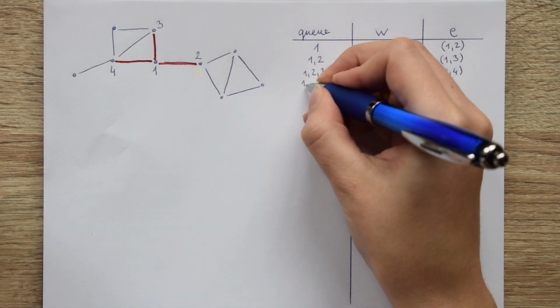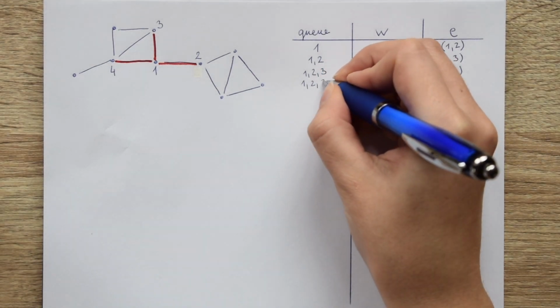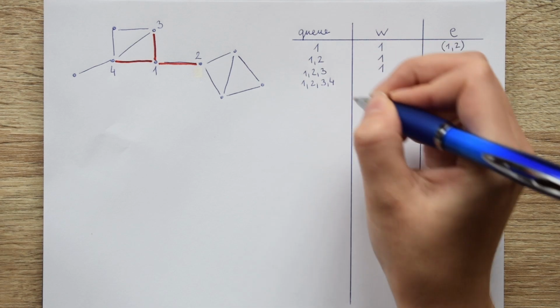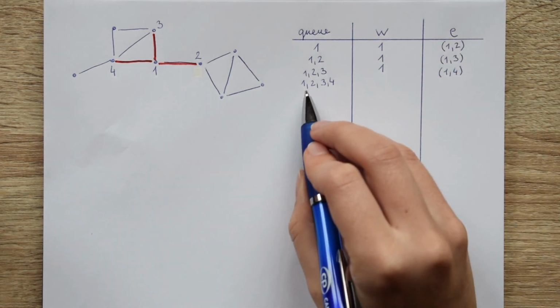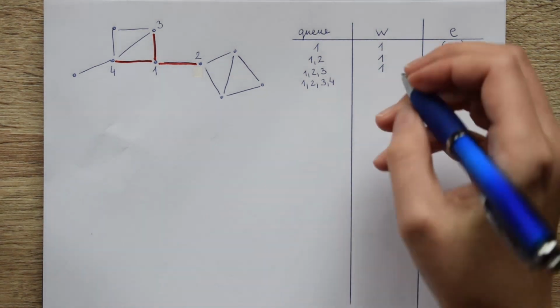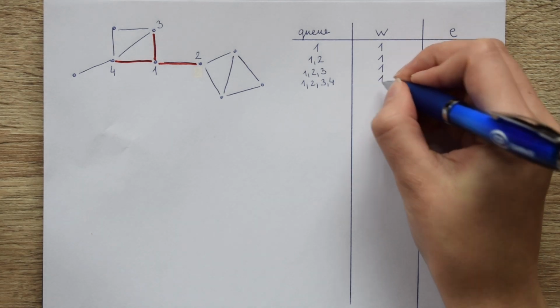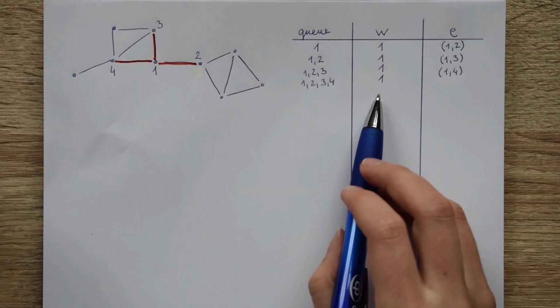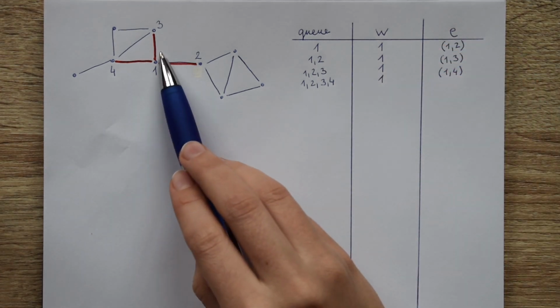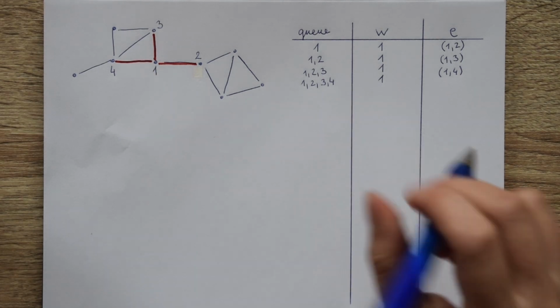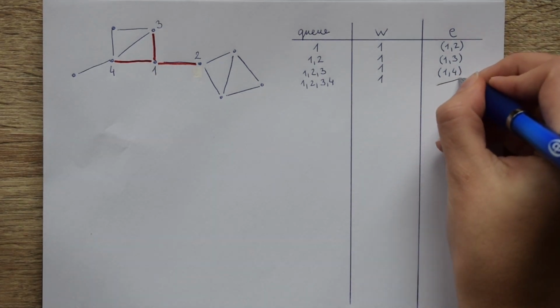I add node 4 in queue. And I'm still discussing node 1, but there isn't any unmarked edge and node I can get to in one step. So, now I remove node 1 from queue.